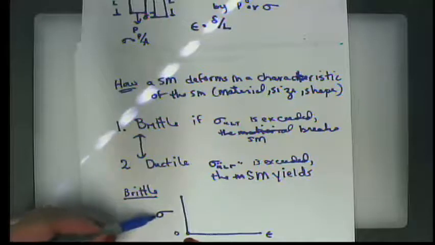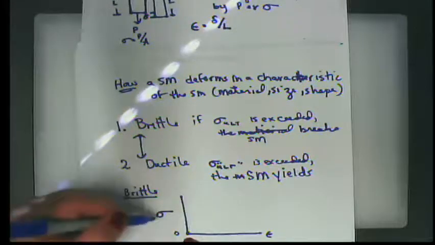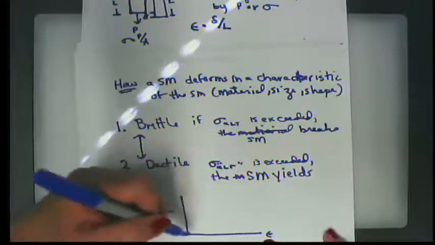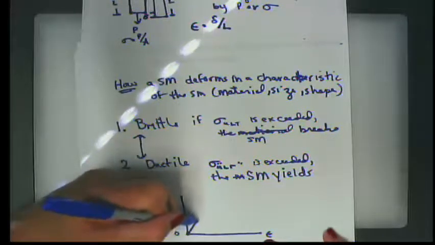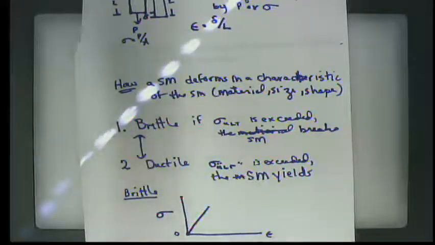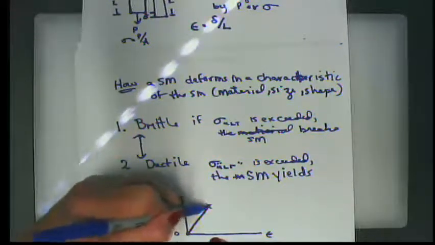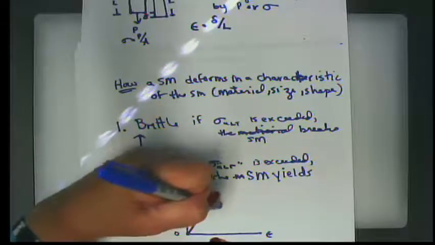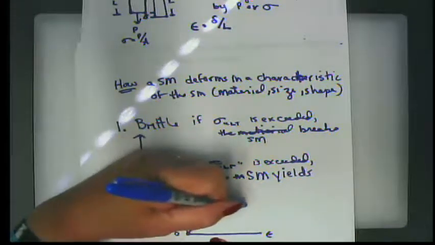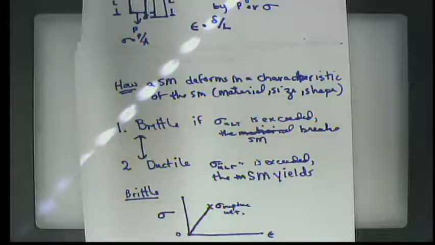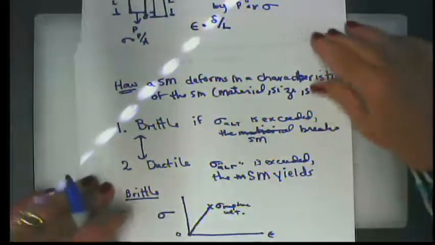In other words, no normal stress, no normal strain, no load, no change in length. And then as we add some sort of a load, the material would get a little bit longer and a little bit longer until it would suddenly rupture. So we could call that sigma rupture or ultimate. Right? Now, this would be a perfectly brittle material.